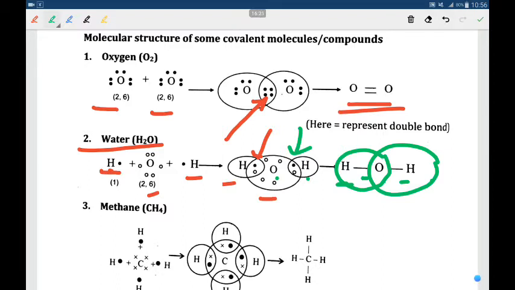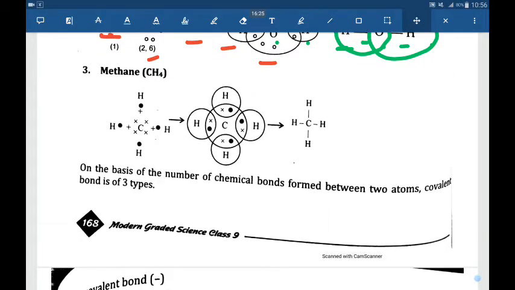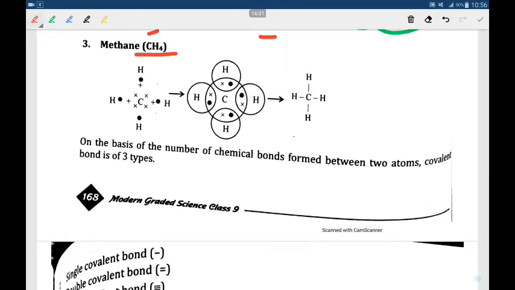Dear students, now you look at here. Here is the next example, methane. Formula CH4. Here is hydrogen, hydrogen, hydrogen, hydrogen. They share their electrons with carbon. See, here is one bond.